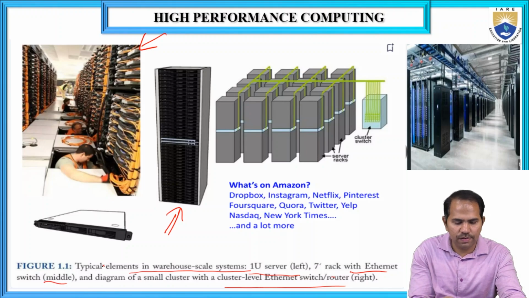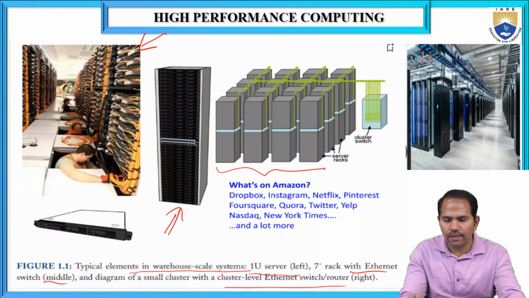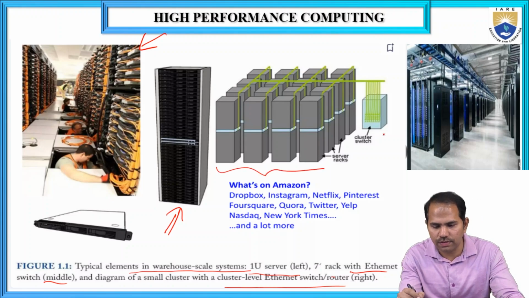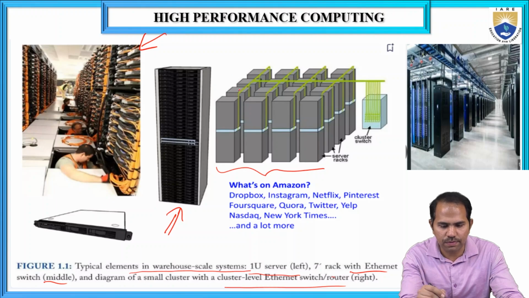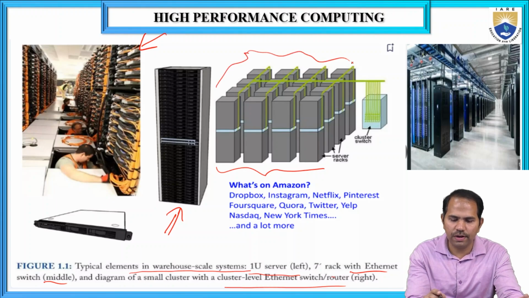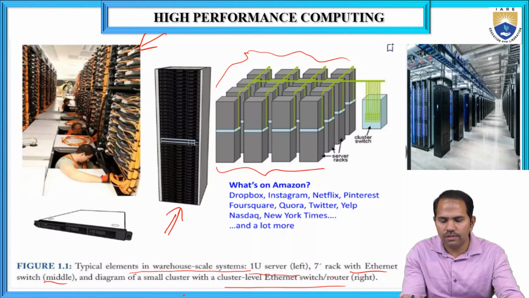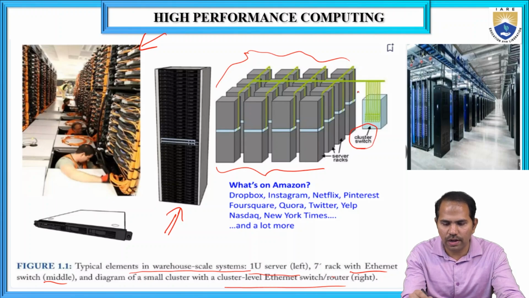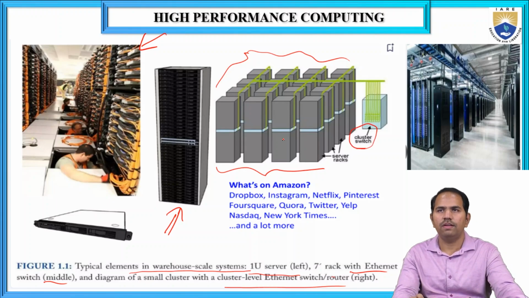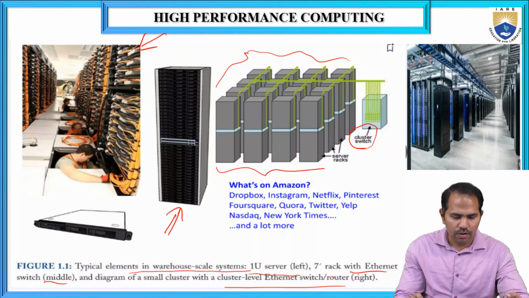The right side is a small cluster, a group of server racks with a cluster switch. A group of systems has to be maintained as a whole. A small cluster has a cluster Ethernet switch or routers. With the use of switches and routers, all systems are connected. On the right side, the large systems are connected here.